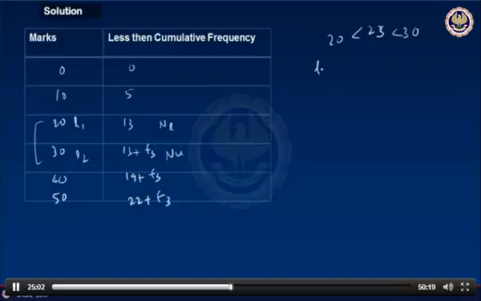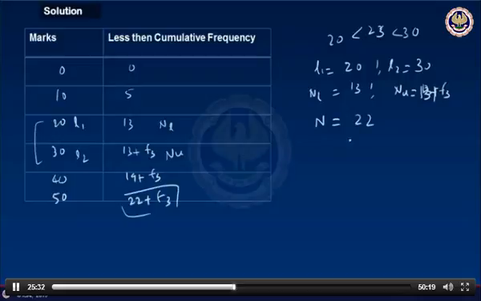Hence L1 equals 20, L2 equals 30, accordingly NL equals 13 and NU equals 13 plus F3. Also the total frequency capital N equals 22 plus F3.